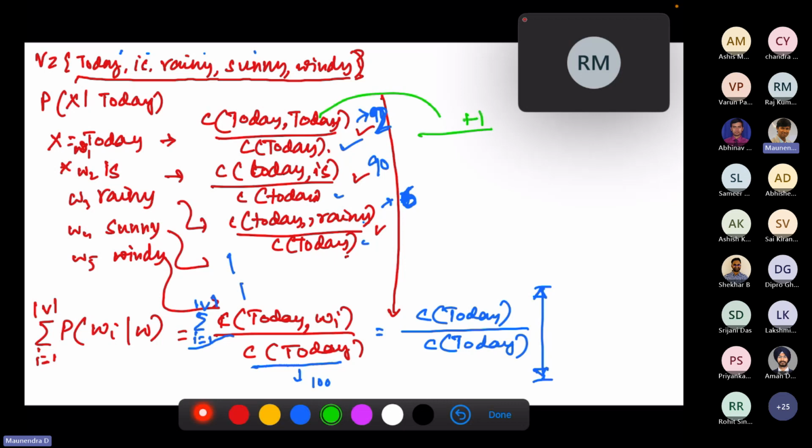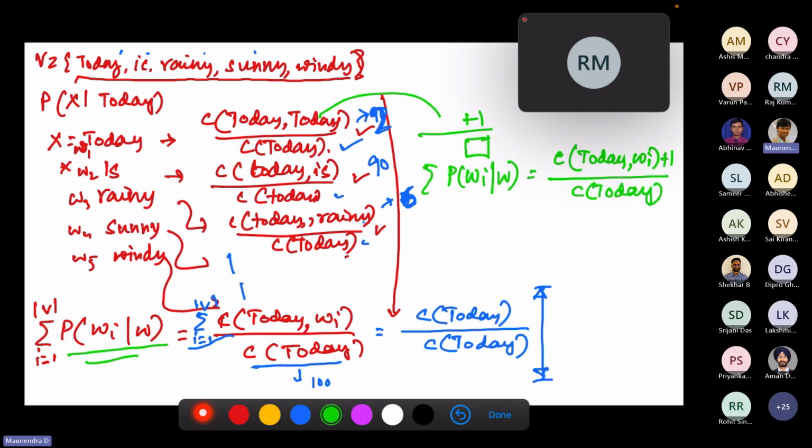We are trying to see whether there should be something in the denominator also. Since we are referring to that as P of Wi given W, it now becomes count of today followed by Wi plus 1, divided by count of today.